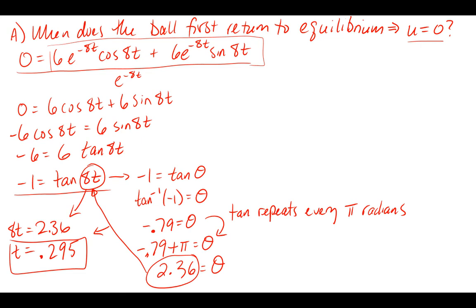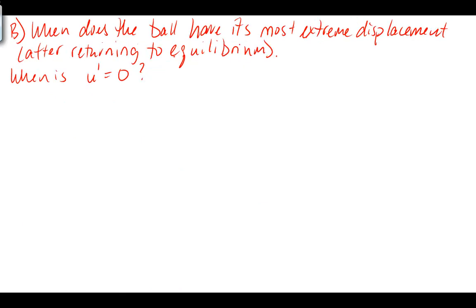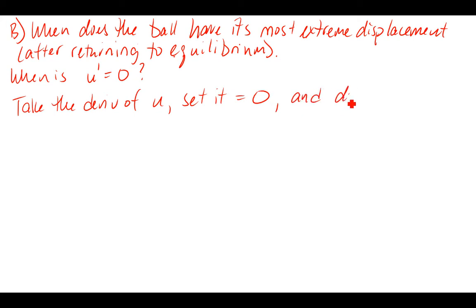So I'm just going to write a sentence or two here. So this is equivalent to this. So of course we would take the derivative of u, set it equal to 0, and do a similar trick to what we did in part A. Right?